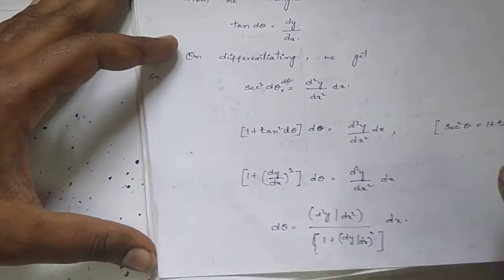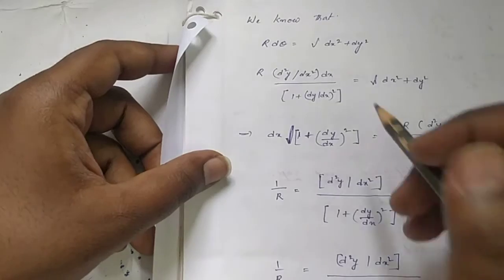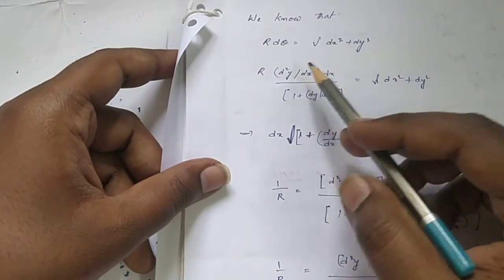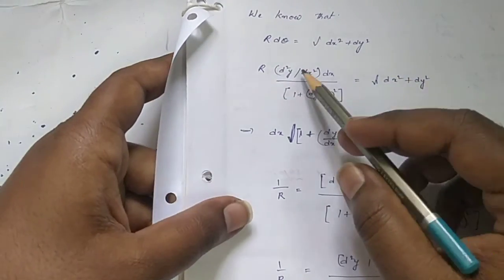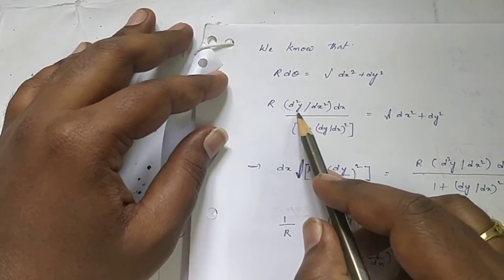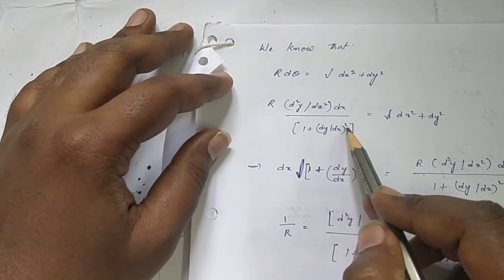From this equation we know that r d theta is equal to root of dx square plus dy square. Substituting the d theta value in this equation, d square y by dx square into dx by 1 plus dy by dx whole square.